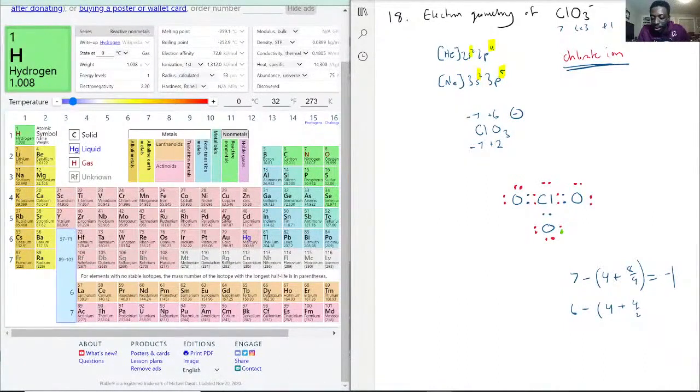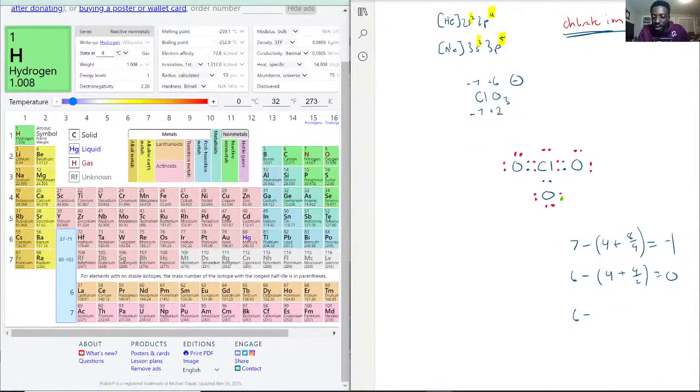Oxygen at the end, we have 6 minus 6 plus 2 over 2. We have also minus 1, which doesn't make sense because now these two add up to a charge of minus 2. So let me just see actually what they have for the structure.